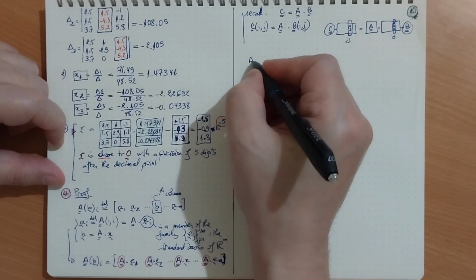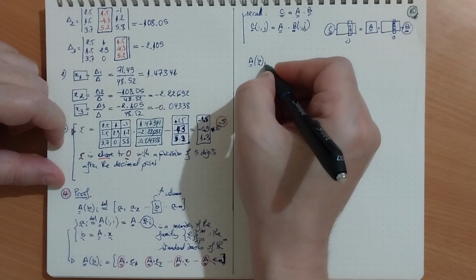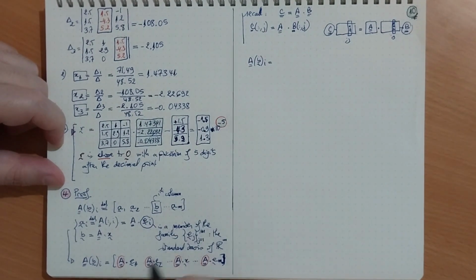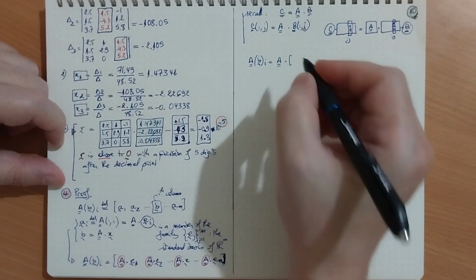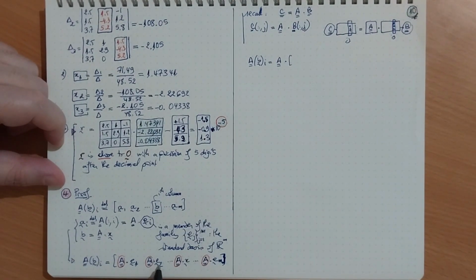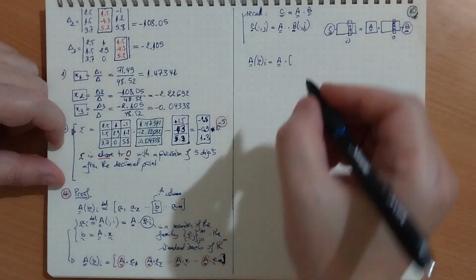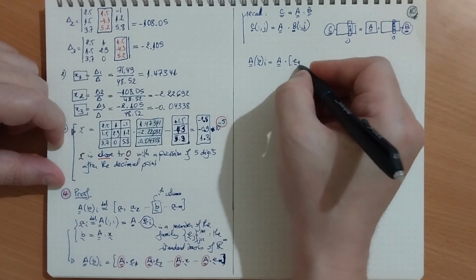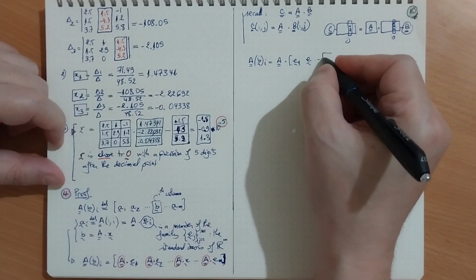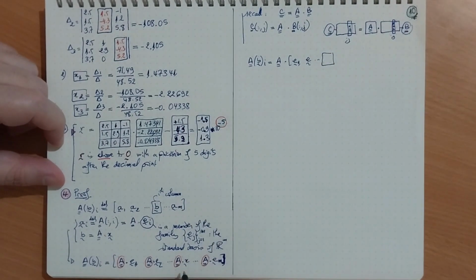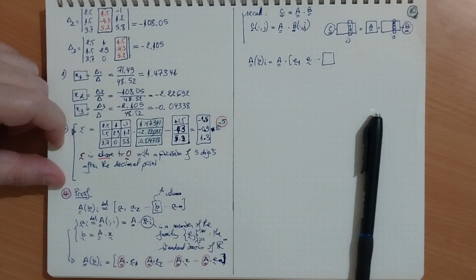So we have ABI is the dot product of the matrix A with the second matrix. The columns of the second matrix are the standard basis, E1, E2, except the ith column is the vector X. Now this is the ith column.